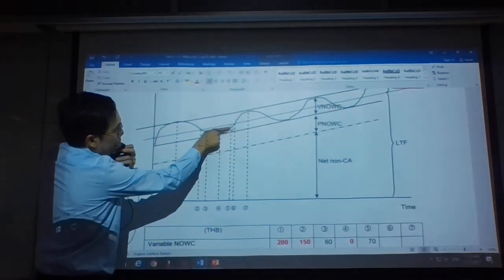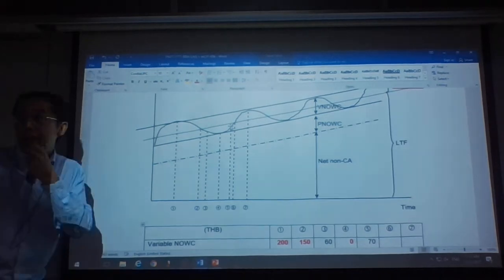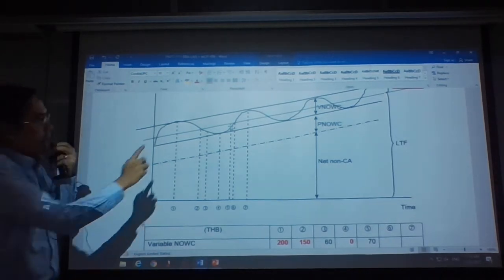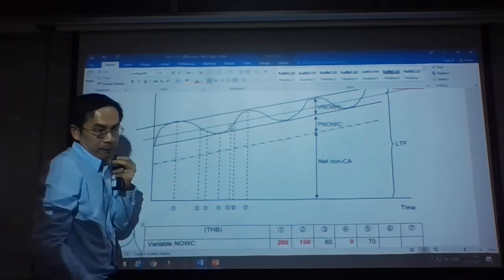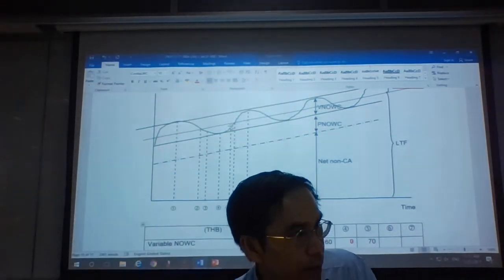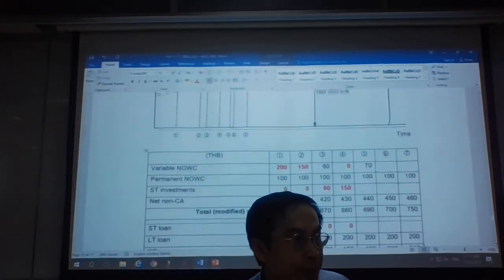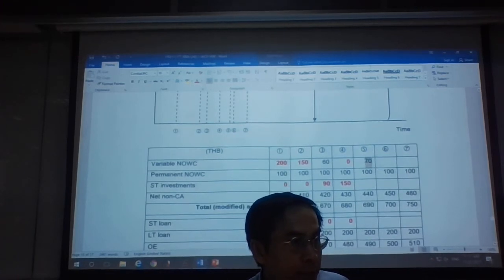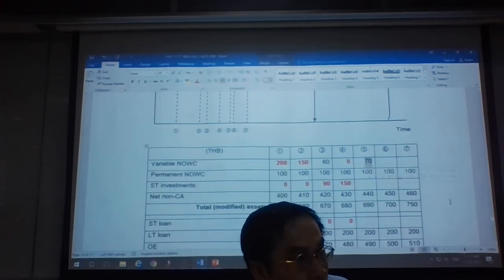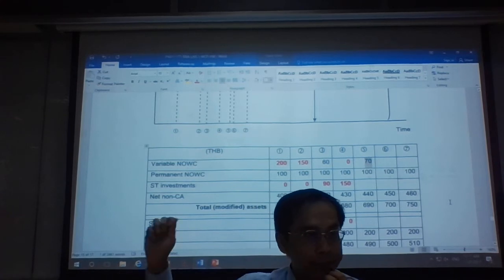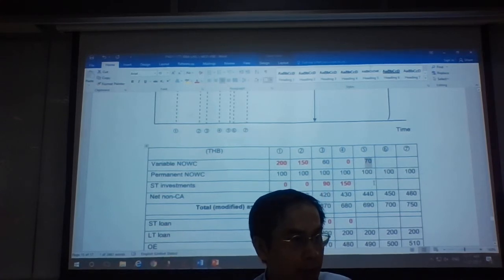Therefore, your total amount of marketable securities will be smaller than 150. Okay. So at this point, if I assume that additional temporary net working capital is equal to 70, therefore the total amount of marketable securities is equal to 80.